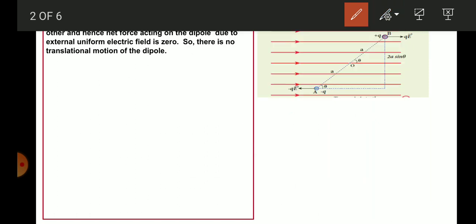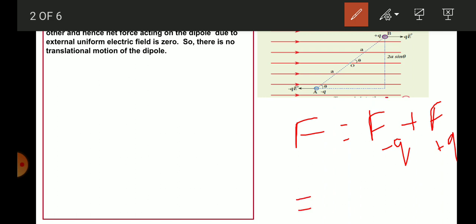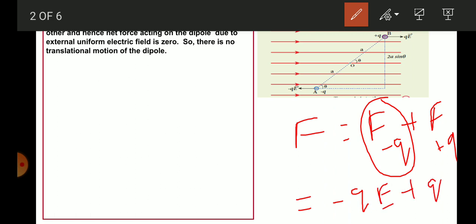Then the net force acting on the dipole is F is equal to F minus q plus F plus q, that is the force due to the minus q charge and the force due to the plus q charge. The force due to the minus q charge is minus qE, and the force due to the plus q charge is plus qE. They cancel each other, so that is 0.